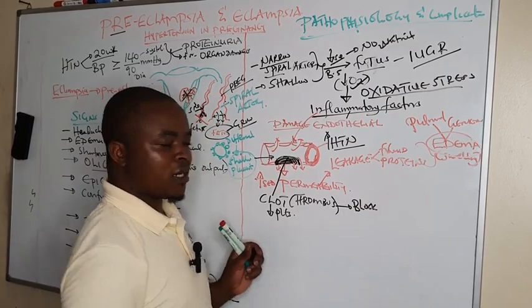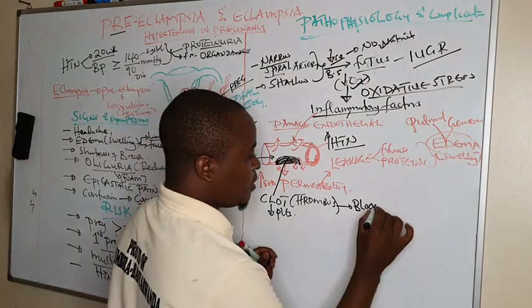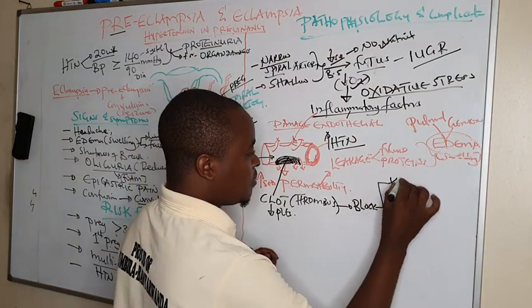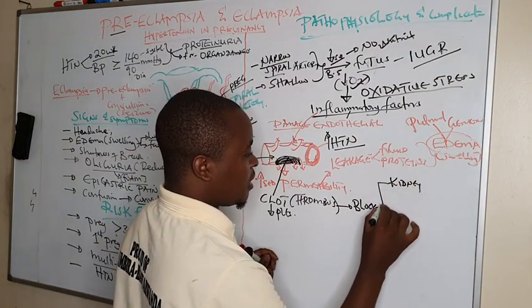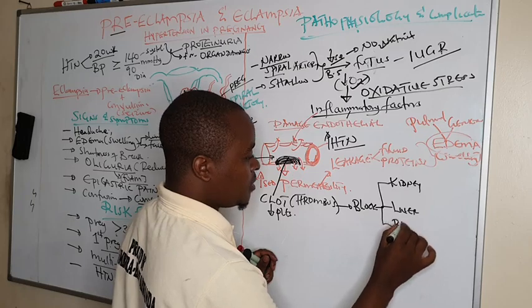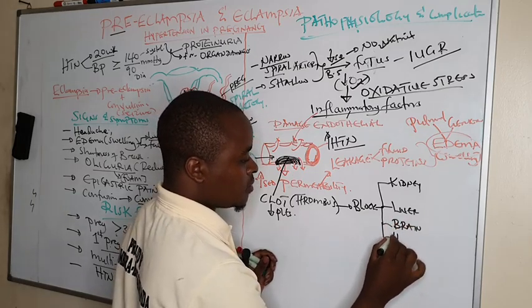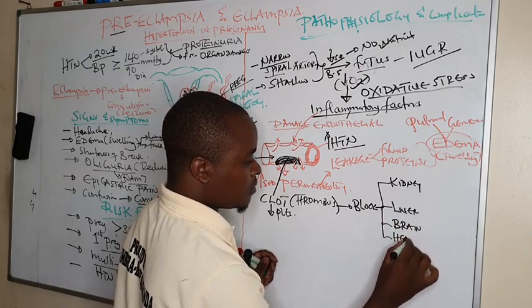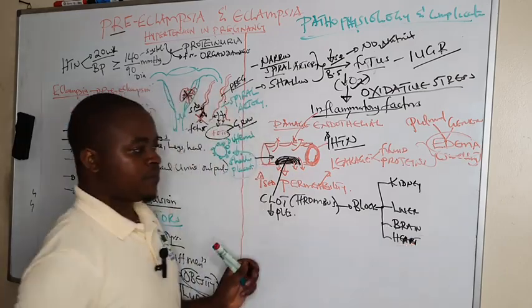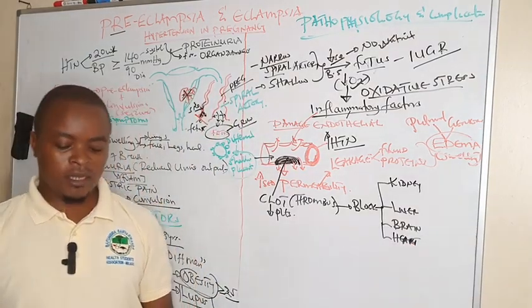This can block the blood vessels supplying vital organs, such as the kidney. It can block the blood vessels supplying the liver, the brain, the heart. This can happen, which results in multiple organ damage.